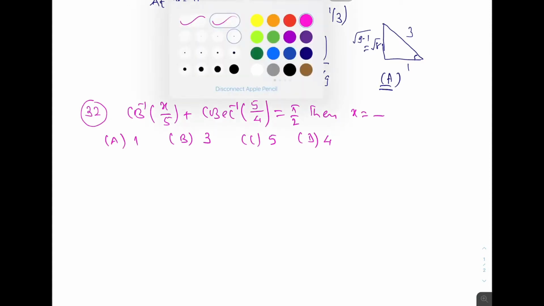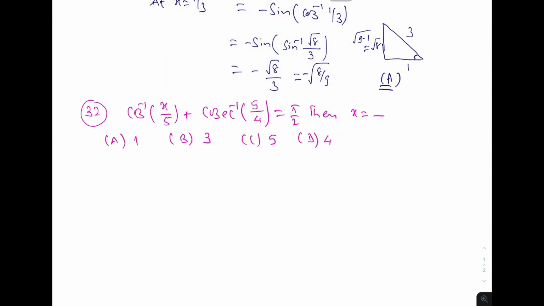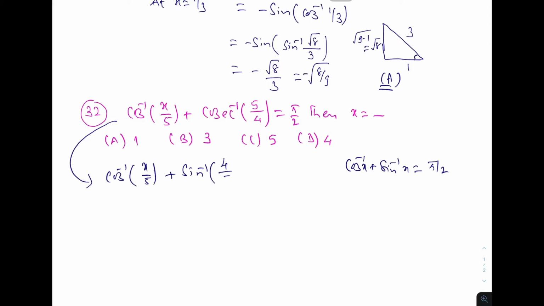Now basically we would like to use the formula cosine inverse x plus sine inverse x is pi by 2. So here for cosine inverse x by 5, we can write sine inverse 4 by 5 equal to pi by 2.